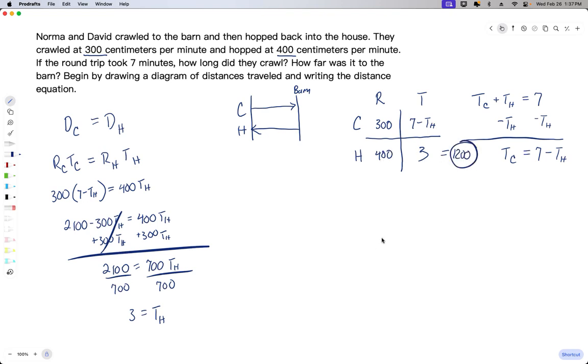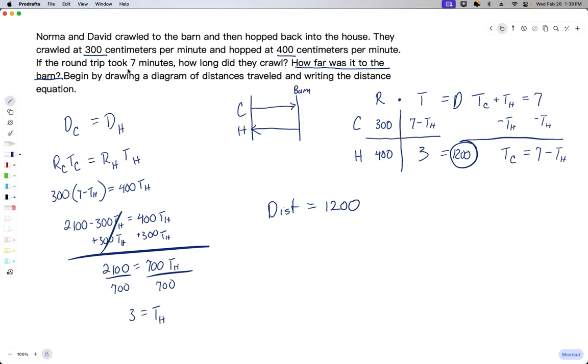So that is the distance, because rate times time is equal to distance, right? So that tells me it is how far it was to the barn. Distance is equal to 1200.